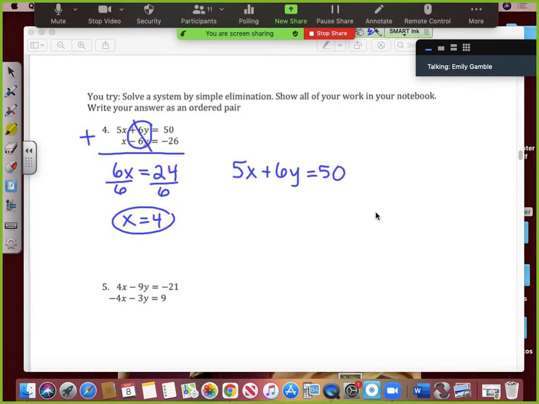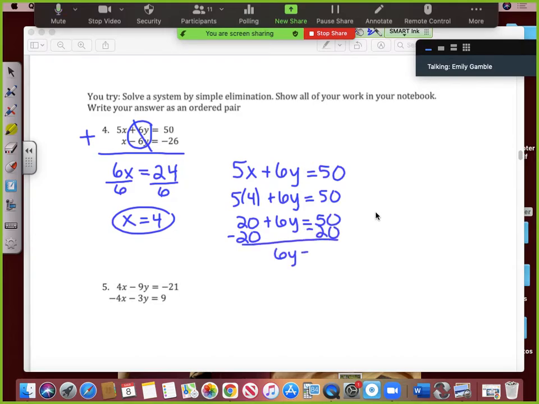I now know x is equal to 4, so I can put a 4 here in for x and then solve for y. 5 times 4 is 20, so I have 20 plus 6y equals 50. I would subtract 20 from both sides and get 6y equals 30. Then I would divide both sides by 6, and I get y is equal to 5. Altogether, then, my answer where these two lines cross is at 4, 5.